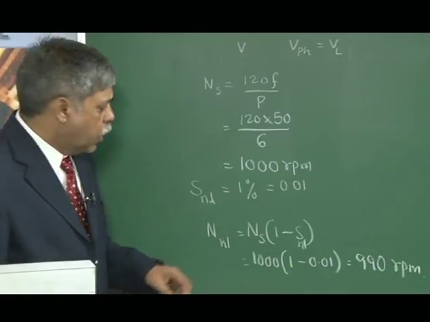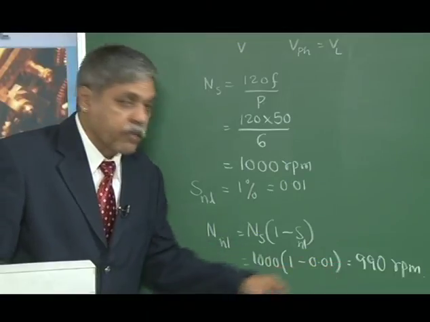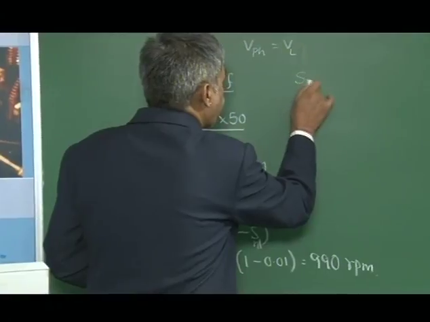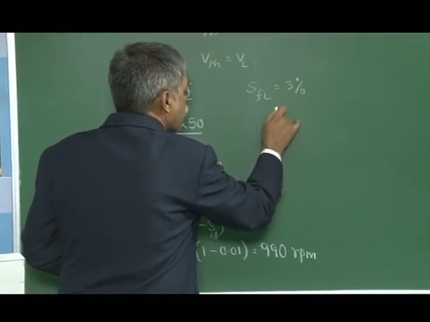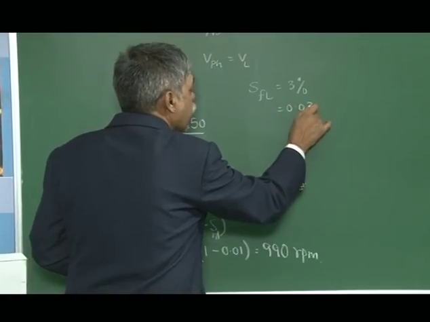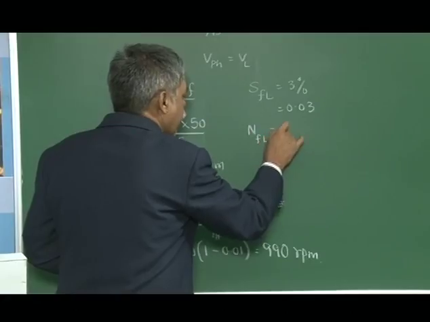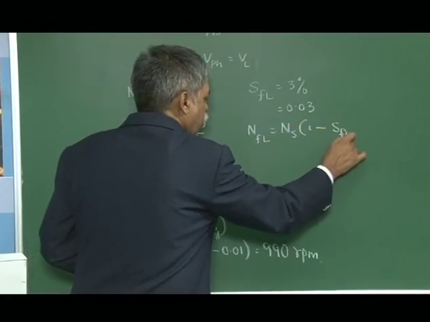So we have calculated the synchronous speed and the no load speed of the induction motor. Now it is given that the slip under full load condition is 3%, therefore this value will be 0.03. The speed of the motor under full load condition will be Ns into 1 minus slip under full load condition.